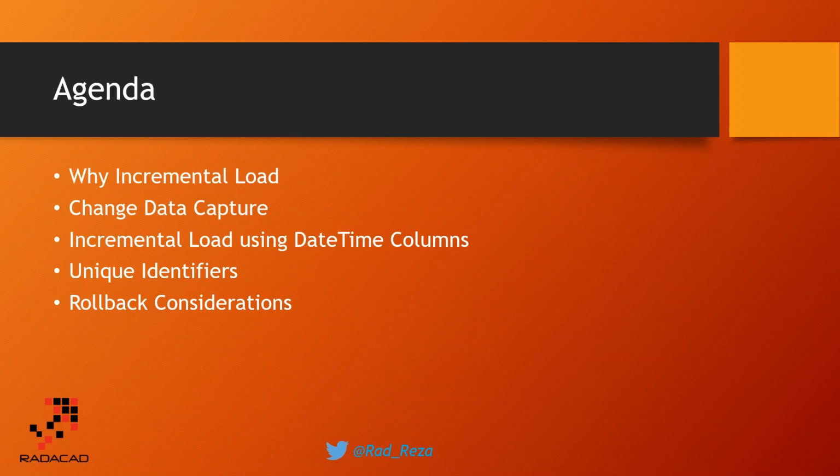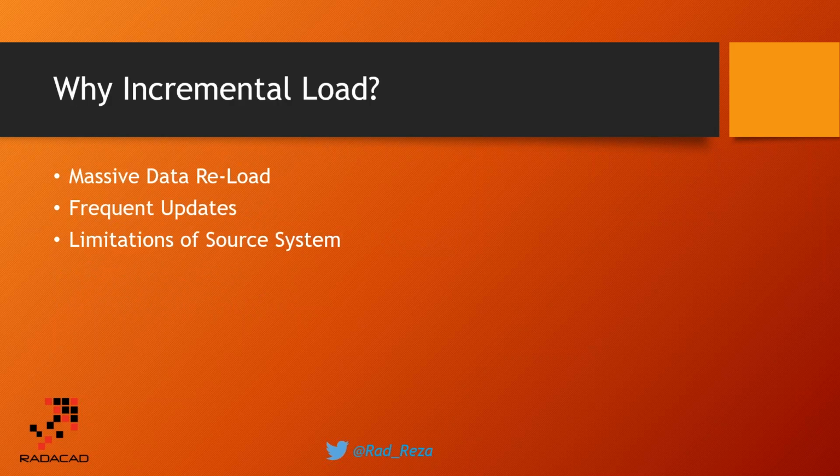Then I'll talk a little about how you can implement a rollback scenario by adding just a few metadata columns in your solution. We might not have time to go through all of these, but I'll do my best to cover all of them. So first of all, why are we doing incremental load?